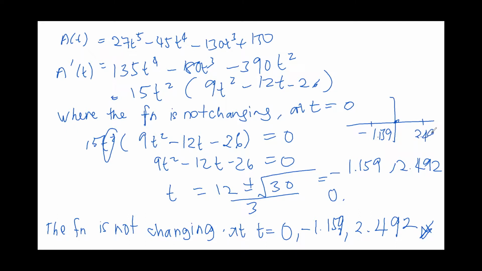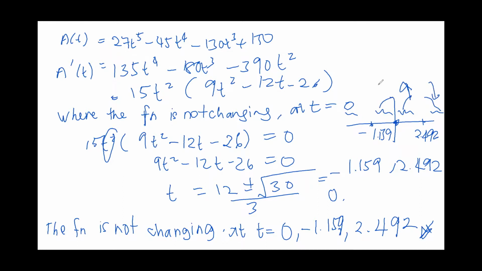Kalau you tengok dekat dalam graph, it's actually like this lah, 0, negative 1.159 and also here, for example lah macam ni kan. So here is not changing, here is not changing, here is not changing. But obviously here and here is changing. So how will you know it's actually increasing ataupun naik or decreasing ataupun turun?